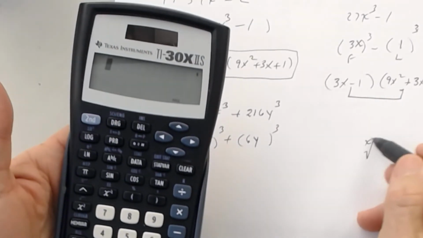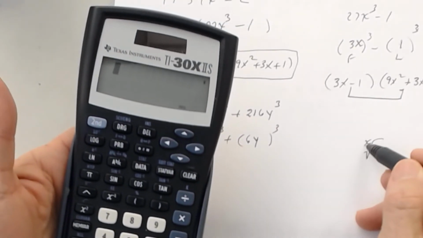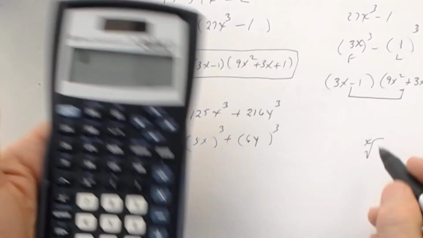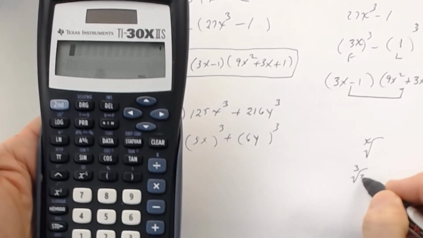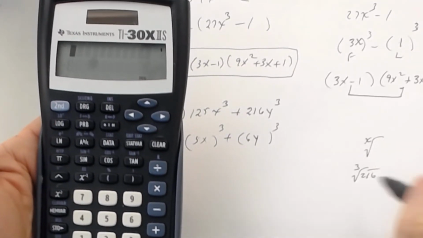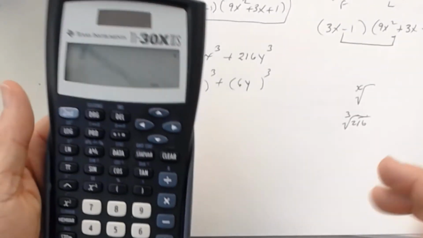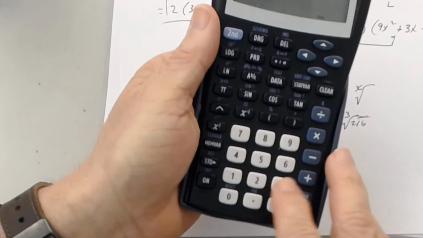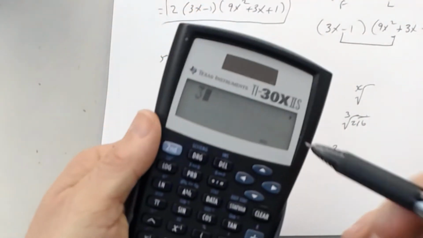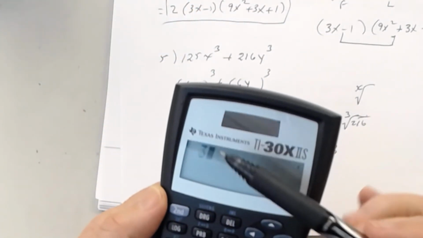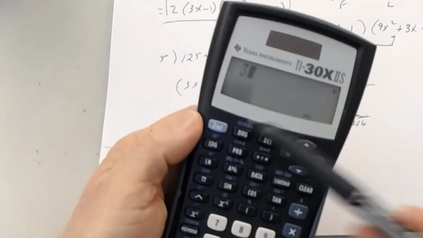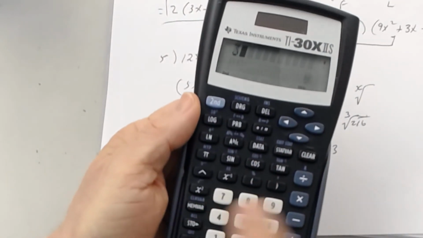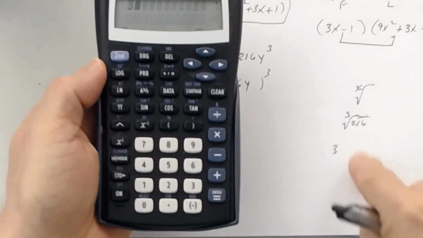So your index here is represented by the letter x. I want to find the cube root of 216. To figure that out, I have to put the index first, which is 3. So you type in 3, then press second, and then this function right here.